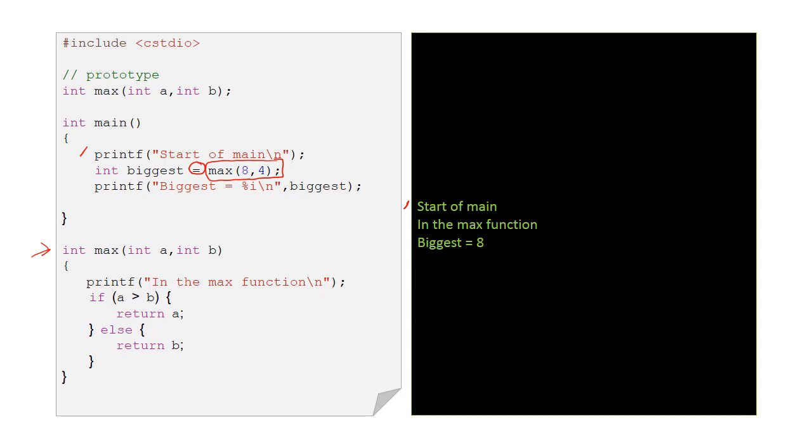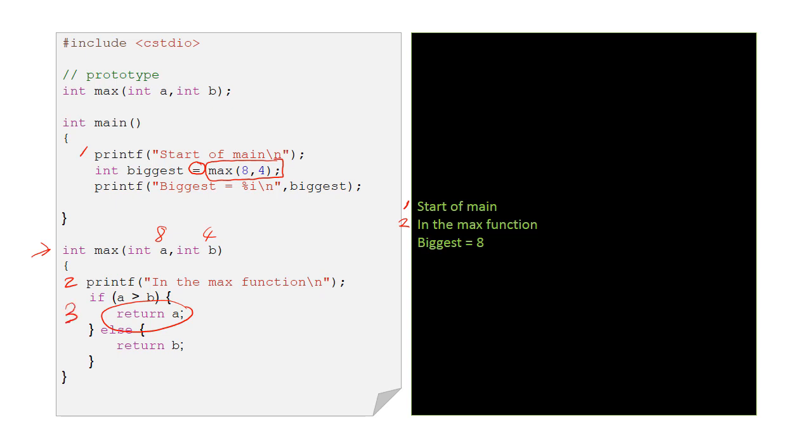We can see a is going to have a value 8, b will have a value 4. When we start executing this, this will be the second line to get executed in the max function, which is why it appears here. Then we're going to do if a is greater than b. Yes, it is, 8 is obviously bigger than 4. So then we'll return a.